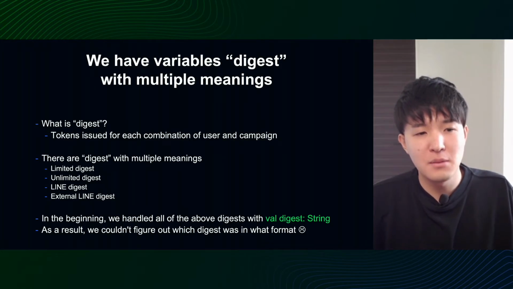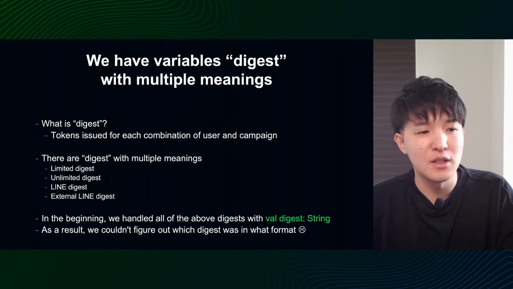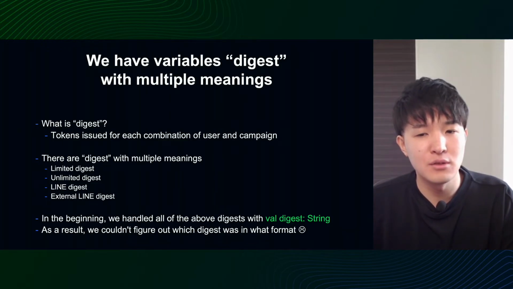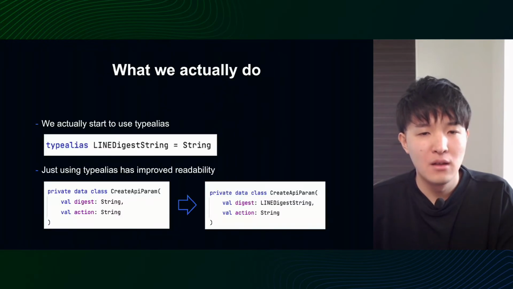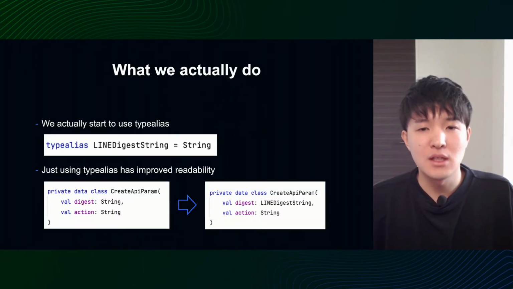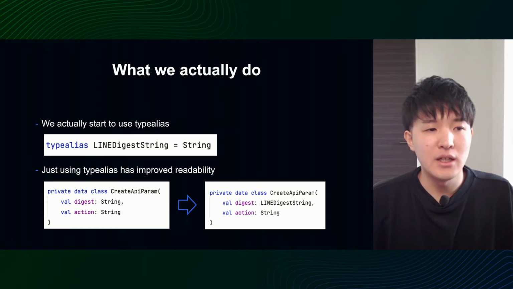At the beginning of the project, we handled all the above digests as string. As a result, later on, we could not figure out which digest was in the first format. In order to address that confusion, we began using type alias. Type alias, as indicated, is typealias LineDigest = String.